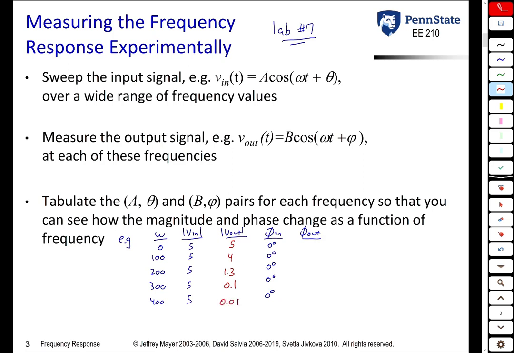Likewise, the phase could change. At DC, well, DC doesn't have phase to begin with, but let's say the phase is 0. And then maybe at 100 radians per second, it's measured to be 40 degrees, then 75 degrees, then 88 degrees, then 90 degrees. And once again, if you think back to Lab 7, you did measurements like this for the Baxendale tone control circuit.